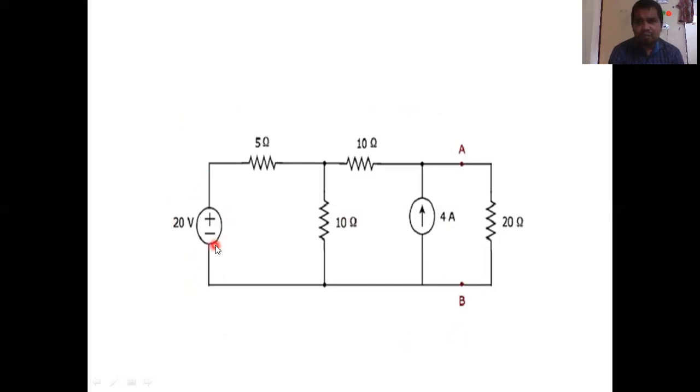So what is the procedure to determine VTH? To determine the Thevenin voltage, you should remove the load. That means open the load and measure the voltage across the load terminal.